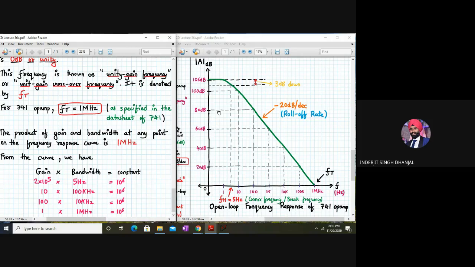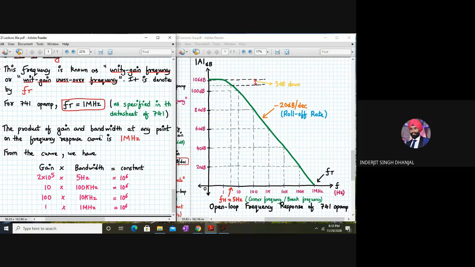Bandwidth is the range of frequencies over which the gain of the amplifier remains constant. So what's the bandwidth of my open loop frequency response for 741? The bandwidth over here is 5 hertz. As you can see, the gain of the op-amp is fairly constant till 5 hertz. So the bandwidth of the op-amp in open loop configuration is very, very small, around 5 hertz.